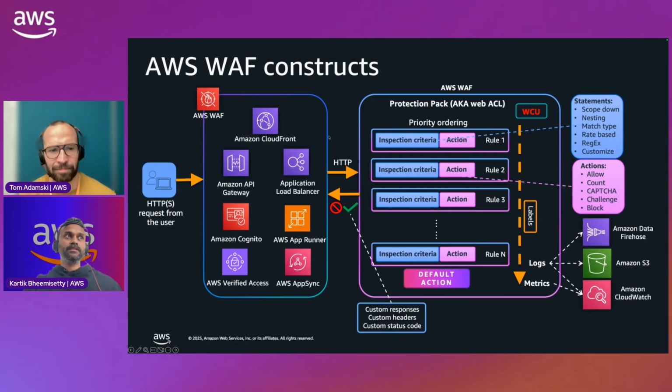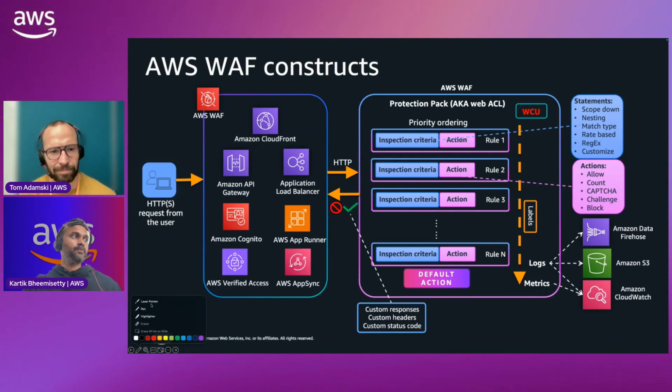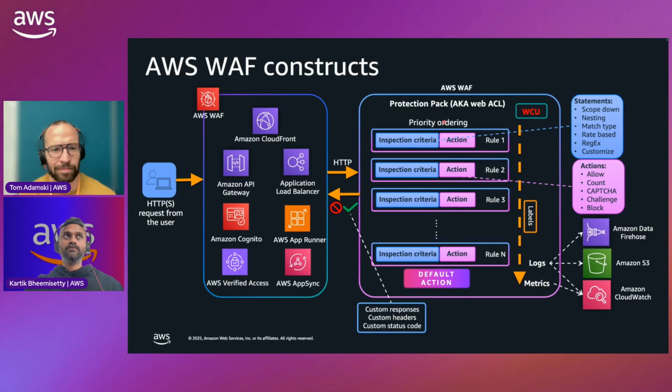When the HTTP request is sent to AWS WAF, to what is called a protection pack, which you configure through the console or using the API, what do you configure inside it? There are a bunch of rules, where you have an inspection criteria with an action. You define each rule based on a priority order. You start with priority 0 and go up to priority n.